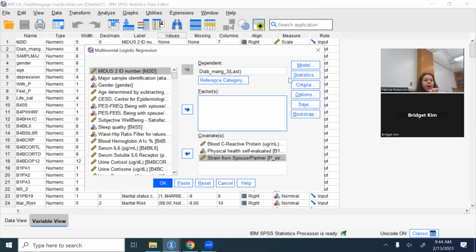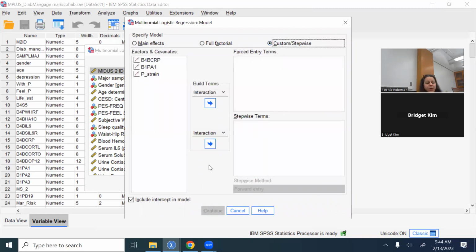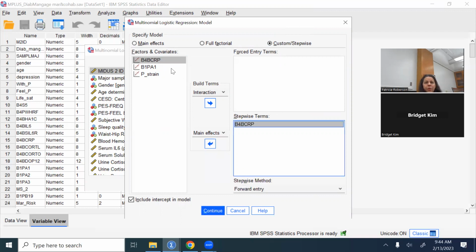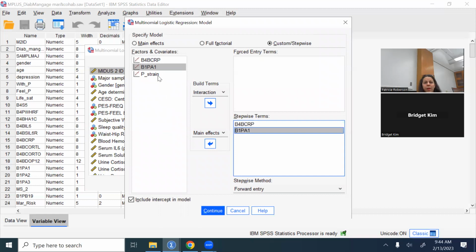Now, if I wanted to do this in a stepwise fashion, I could build these model terms in the model. I don't want an interaction, I want main effects. I can just build them and include them one at a time. And it says forward entry mode, so it does them one at a time for me automatically.